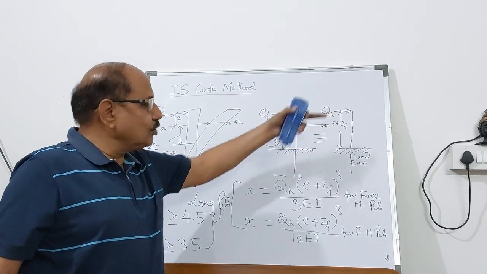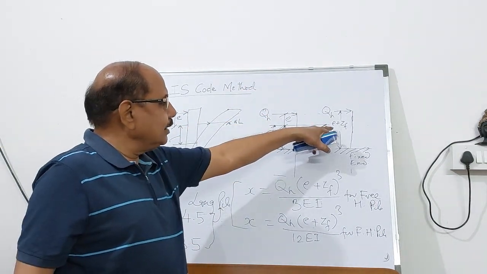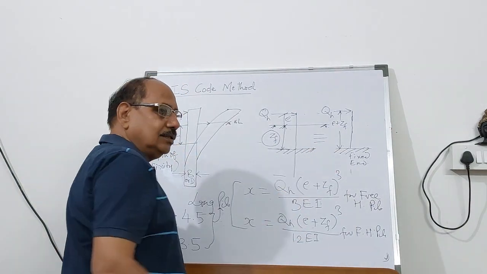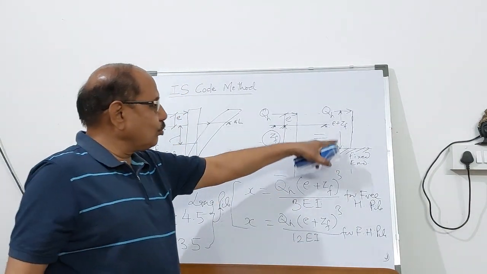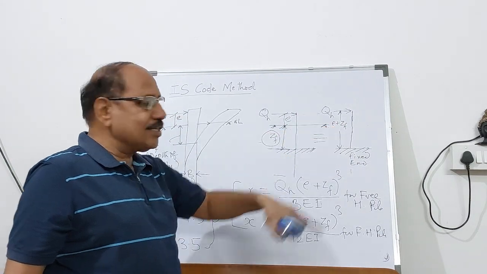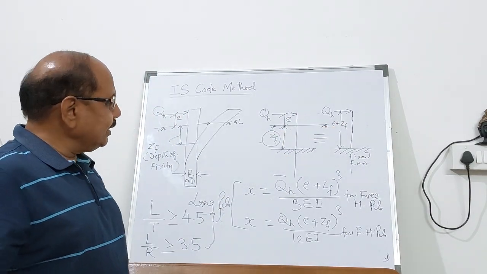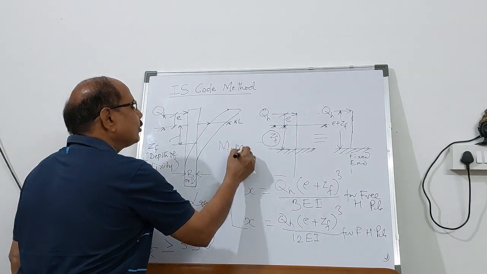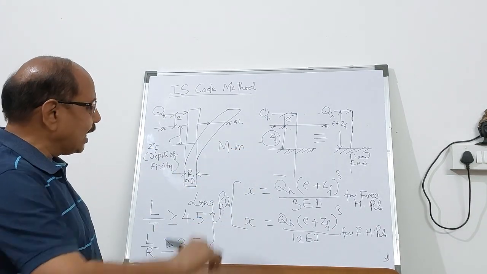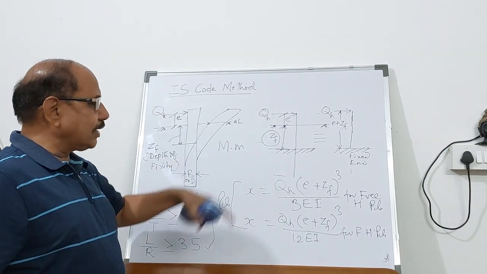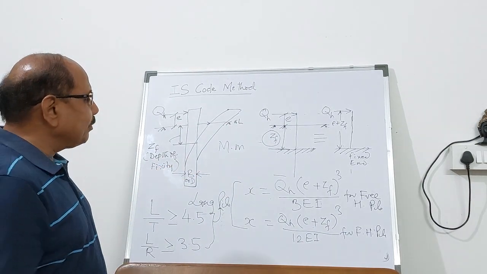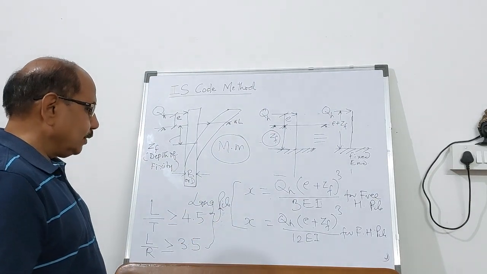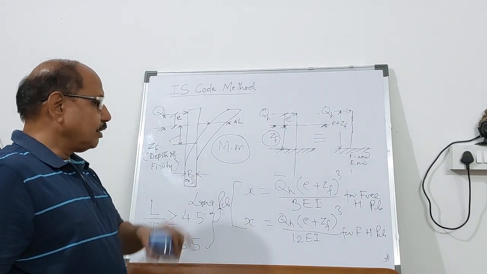When the horizontal force is acting at a distance of E plus ZF, you can calculate the moment. Here, what would be the moment? QH into (E plus ZF). And once you calculate the moment, you multiply it by a reduction factor M, which is given in the IS code. This reduction factor can be calculated, and based on the moment, you can also find out the deflection.